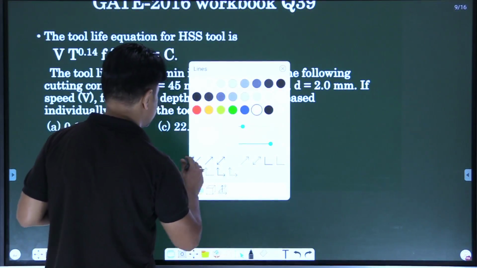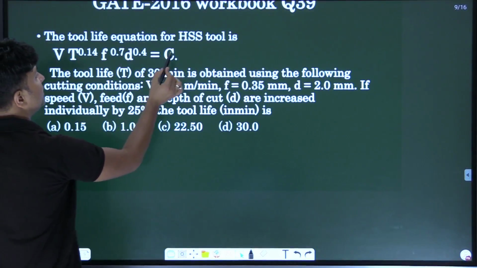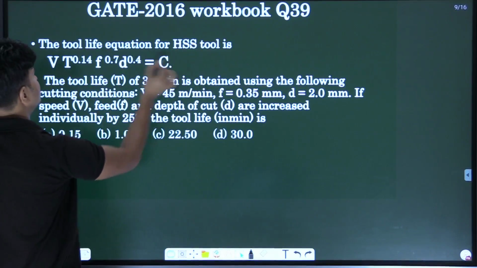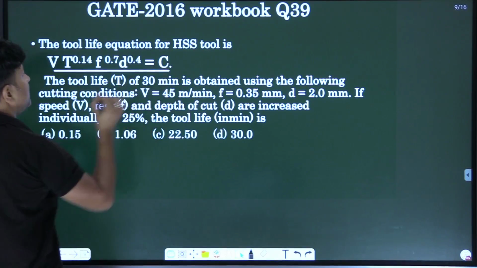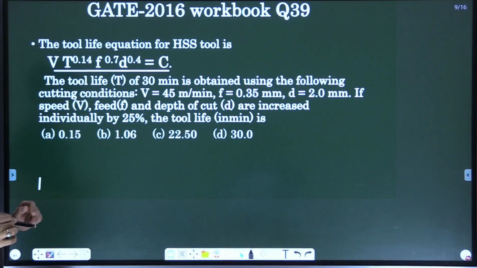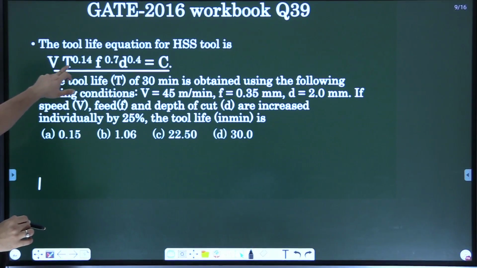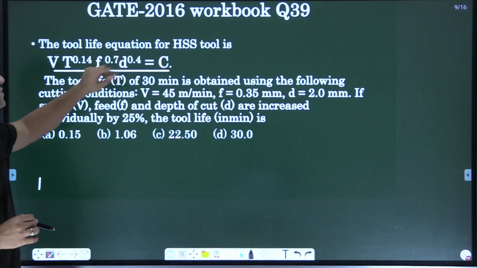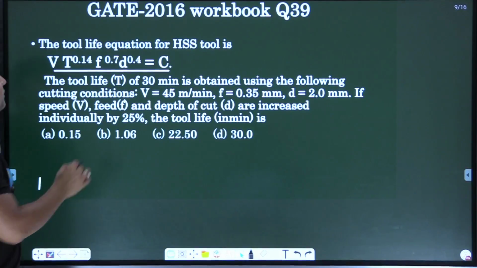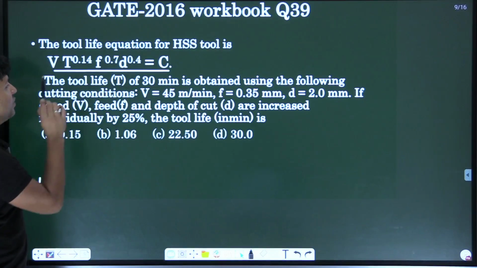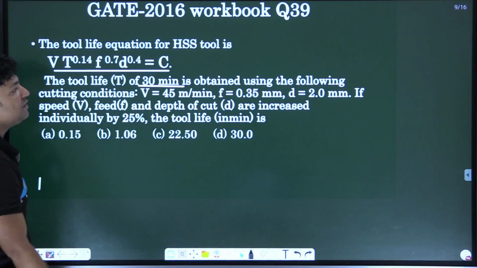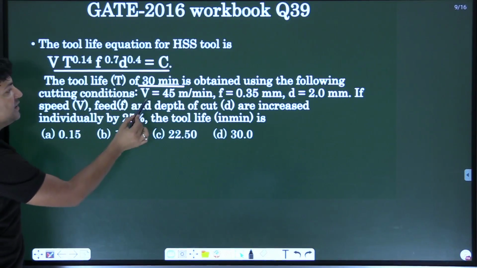The question says the tool life equation for HSS is what you see, and I hope it is visible to you. Please note down V T to the power 0.14, f to the power 0.7 and depth of cut to the power 0.4. The tool life of 30 minutes is obtained using the following cutting condition.